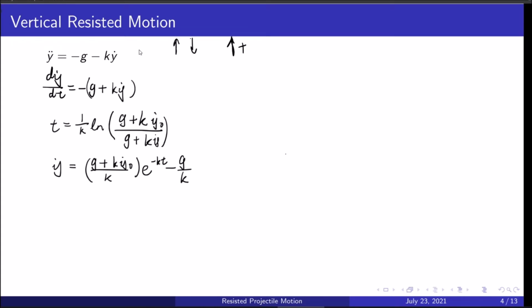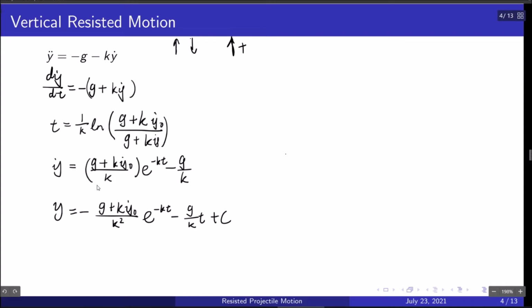So for displacement, we integrate the velocity with respect to time. Yeah, so velocity times time gives us a displacement. So we end up with y equals divide by negative k, so negative g plus ky dot naught over k squared times e to the power of minus kt minus g over k t, and then plus c.